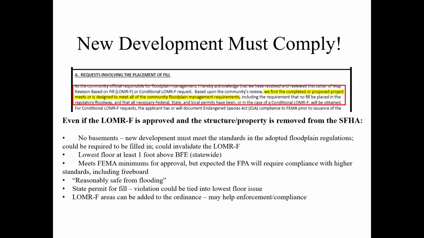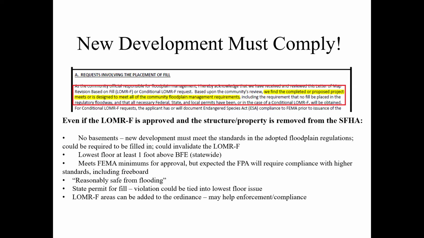And so reasonably safe from flooding means that it's at or above the base flood elevation, but still we cannot have that lowest floor violation. So again, the state permit for fill, it's a state law when you apply for fill that the lowest floor is at least 1 foot above the base flood elevation, and that's in our zoning laws.